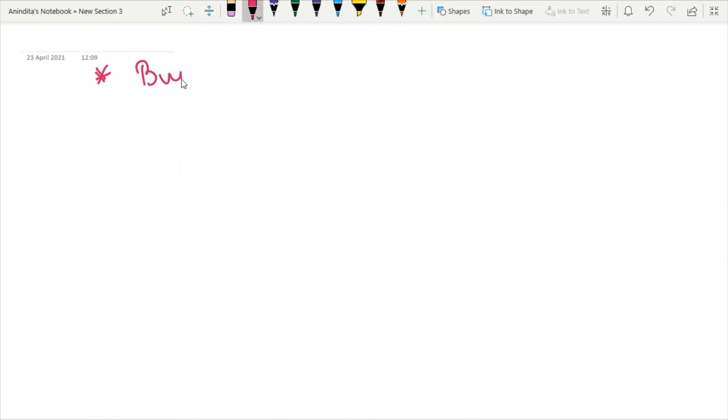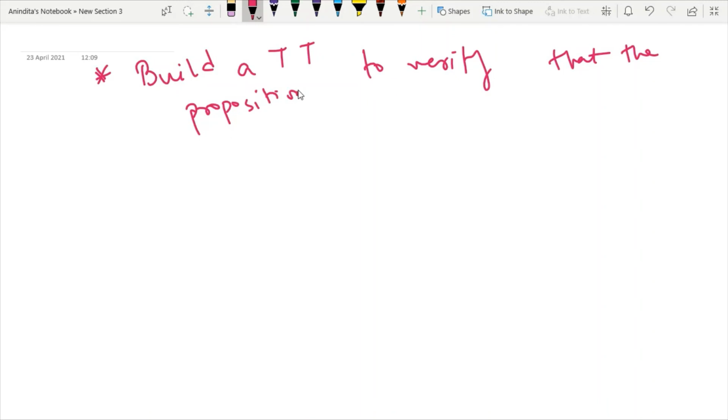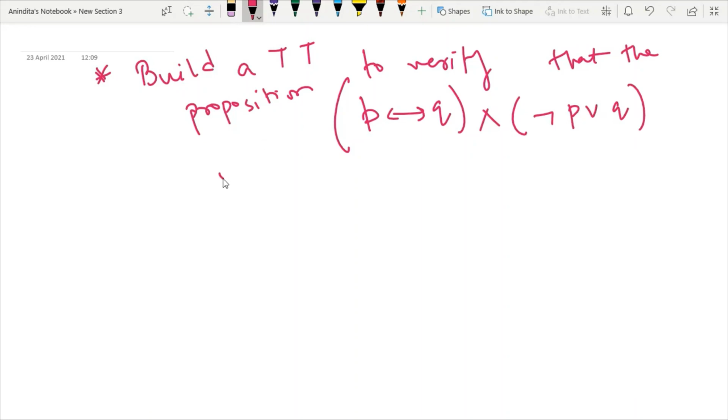So the problem is you have to build a truth table to verify that the proposition P implies P double implies Q and not P or Q is a contradiction that you have to prove using a truth table.